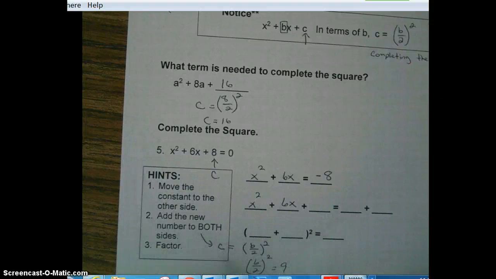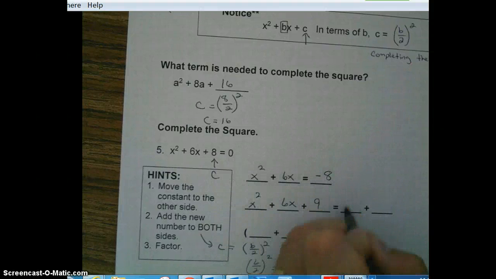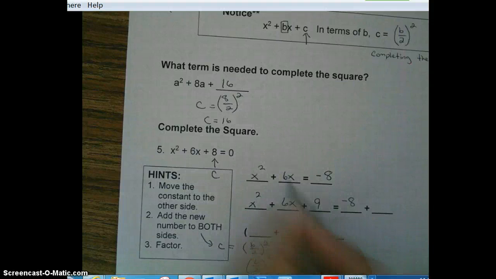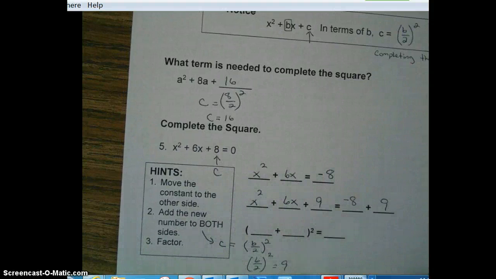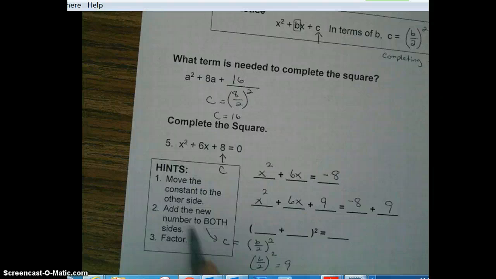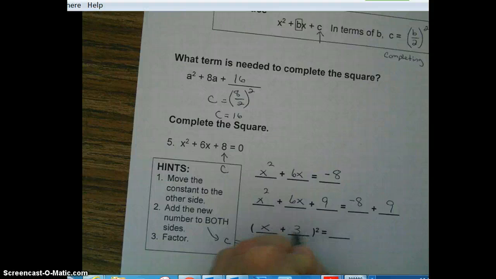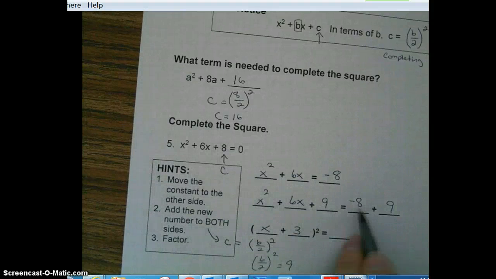So my new c value is 9. Bring down the negative 8. If you add 9 to one side, you have to add 9 to the other side. The new number is your c value, added to both sides. Okay? And then factor. So factoring this, we get x plus 3 squared equals 1.